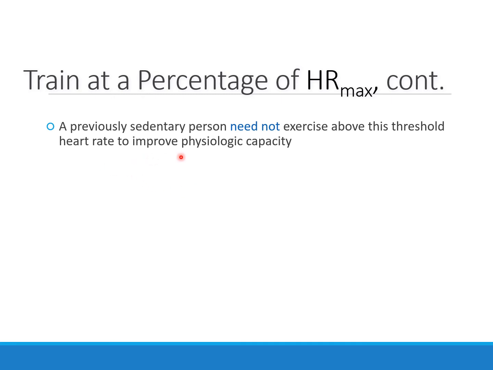A previously sedentary person does not need to exercise above this threshold to improve physiologic capacity. So you don't need to be going crazy with people, especially people who have not been working out before, right? You want to slowly transition them into exercise. This will help them not only get these adaptations and these physiologic capacities to improve, but you're also going to get the buy-in from that person as well, because they're not going to feel super uncomfortable.